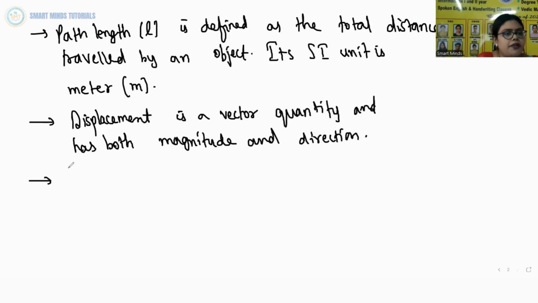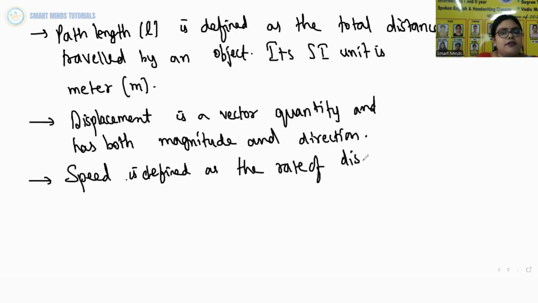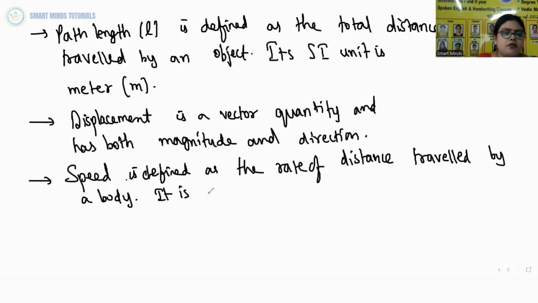Next, coming to speed. What do you mean by speed? We drive vehicles, right? We drive a two-wheeler, a four-wheeler. We know what is meant by speed. Speed is defined as the rate of distance traveled by a body, which means at what rate you are traveling. It is a scalar quantity.